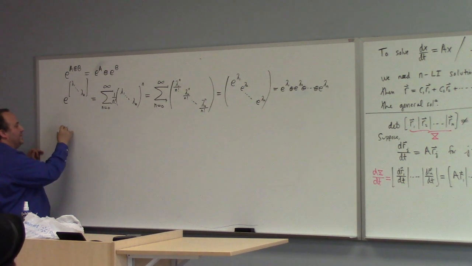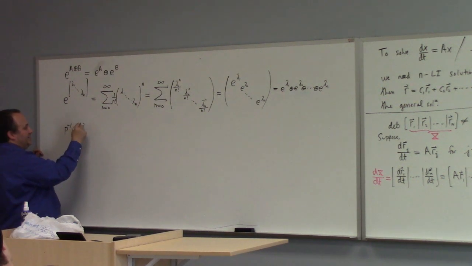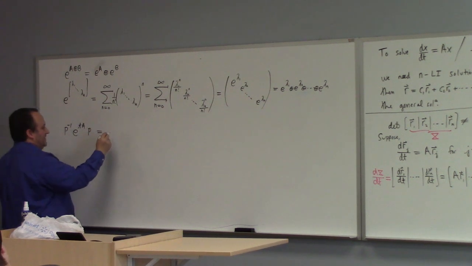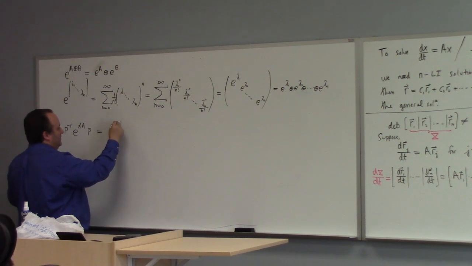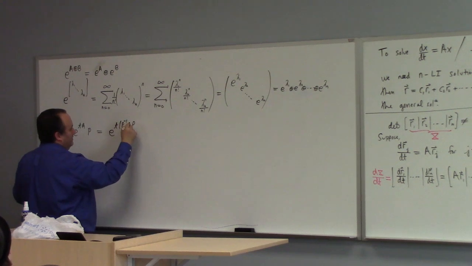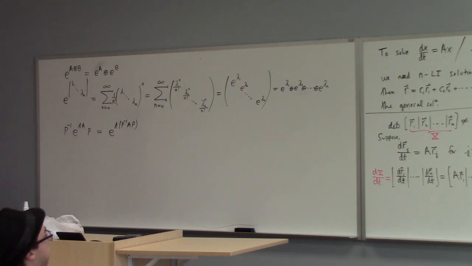If I have P inverse e to the tA P, let's say, what's that equal to? Well, it turns out that that's equal to e to the, I'll factor the t out, t times P inverse A P. That's pretty nice, because we can make P the matrix of a Jordan basis.